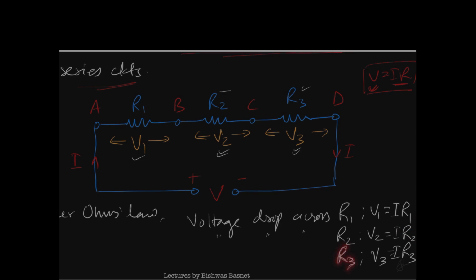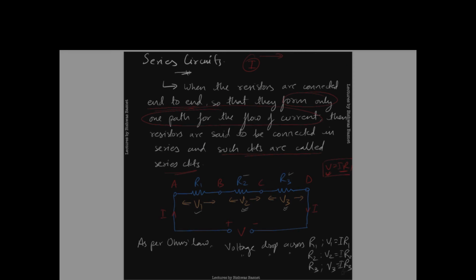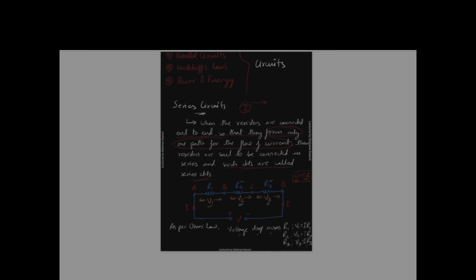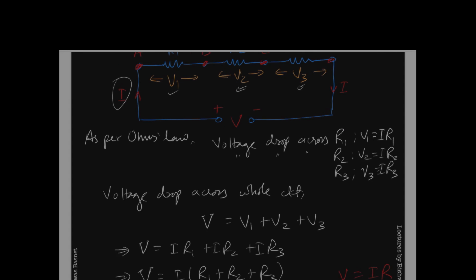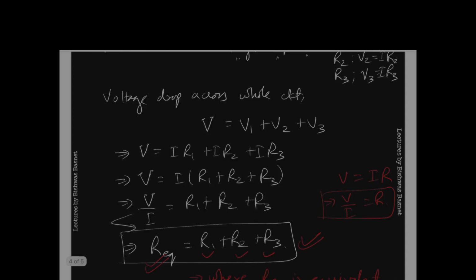Similarly, the same case happens for R3: the drop across R3, or just simply the voltage across R3, is capital I again, because the same current flows here, times R3. As simple as that, nothing confusing. So we have three relations built here, V1, V2, and V3, and we know they are IR1, IR2, and IR3.